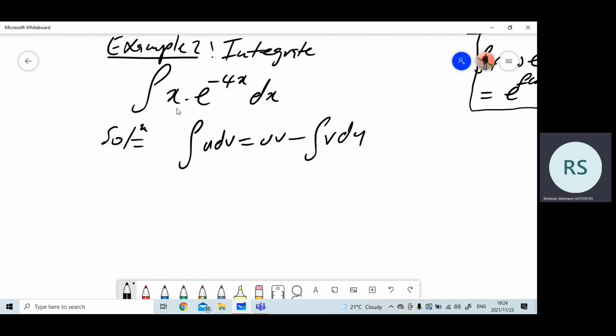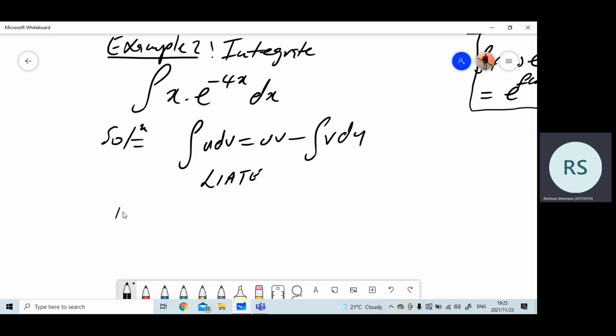From this formula, you need to choose what u is and what dv is. So I write the name again, LIATE. I check here, I have algebraic and exponential. Algebraic comes first before exponential, so my algebraic function will be u.